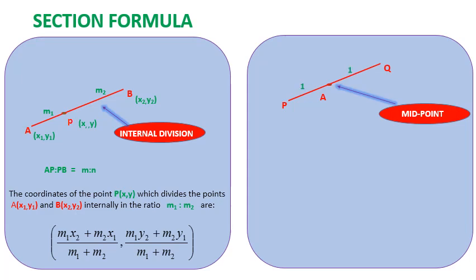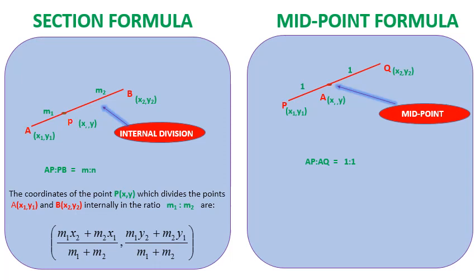In another way, if we say that the point A divides the line segment PQ in the ratio 1:1, we call it equal division. The coordinates of P are x1, y1, A are x, y, and Q are x2, y2. It means the point A divides PQ in the same ratio, AP is to AQ is equal to 1 is to 1.